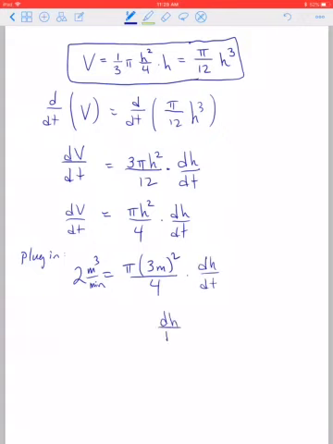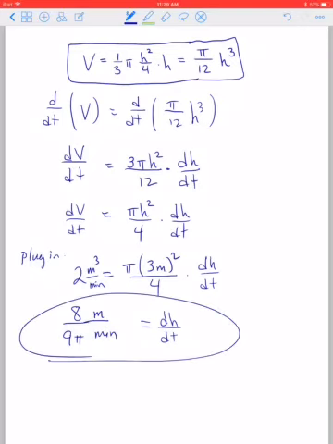When I solve for dh/dt, I get that dh/dt is going to be 8 over 9 pi, and then I get meters per minute. And that will be my answer.